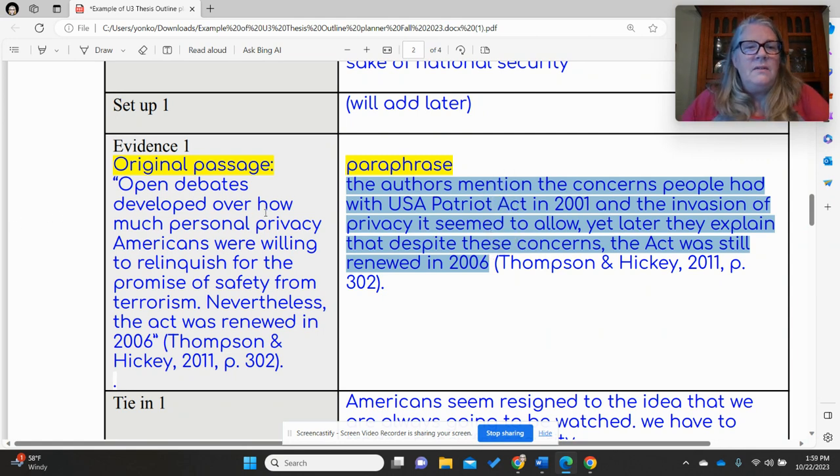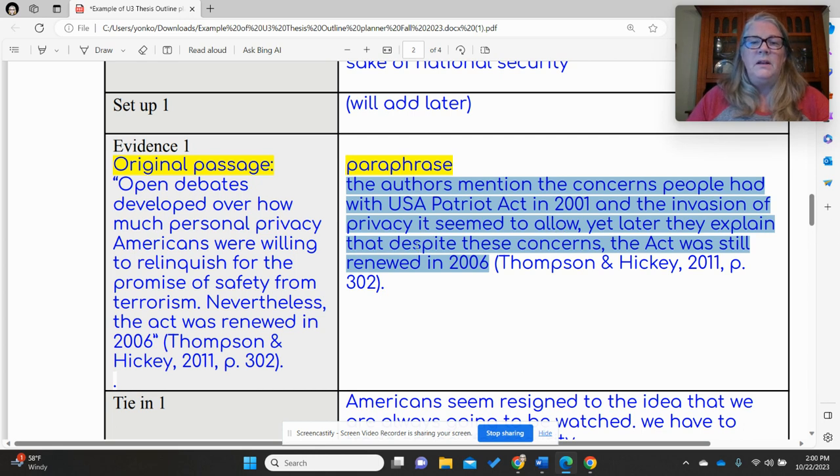So this is the original quote, and the student chose to paraphrase here. "Open debates developed over how much personal privacy Americans were willing to relinquish for the promise of safety from terrorism. Nevertheless, the act was renewed in 2006." And a couple sentences earlier, it talks about the Patriot Act. So the authors mention the concerns people had with the USA Patriot Act in 2001 and the invasion of privacy it seemed to allow.